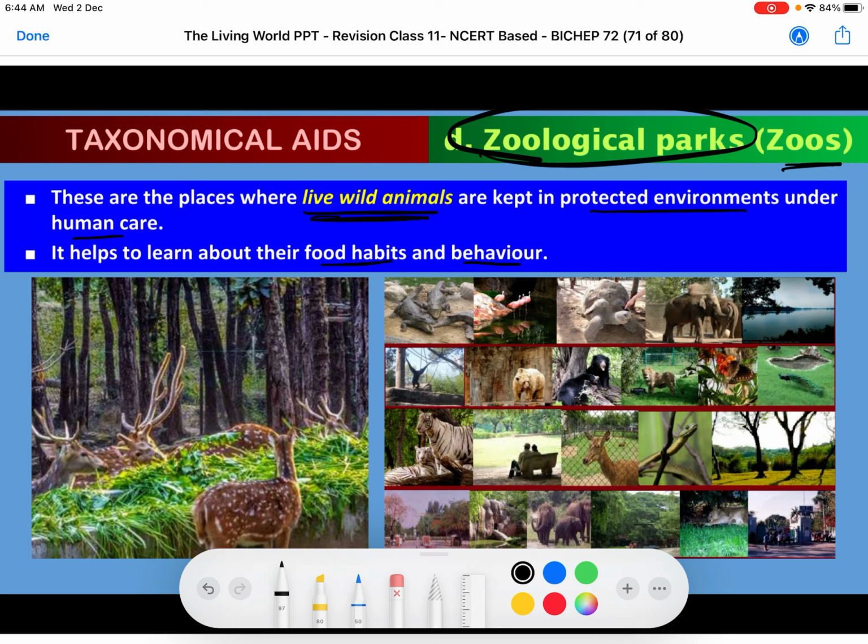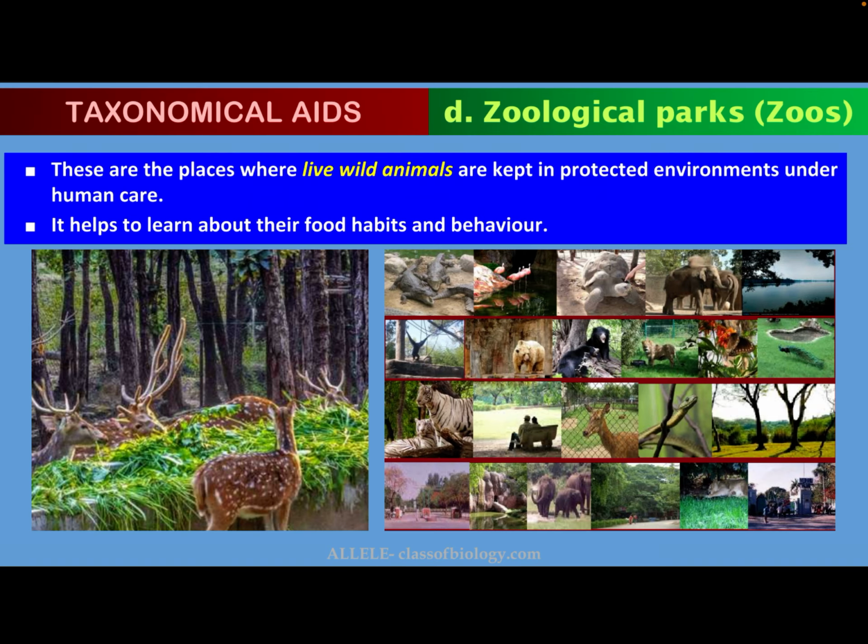Again, like the botanical garden, we can keep varieties of different species in a particular park, a particular area, but we are supposed to provide them suitable conditions. We may also have to create artificial ponds, artificial nests, artificial deserts, etc. Necessary conditions have to be provided to the varieties of animals so that they can find a homely atmosphere and survive for a longer period of time. Ready? So please take the screenshot of this slide.